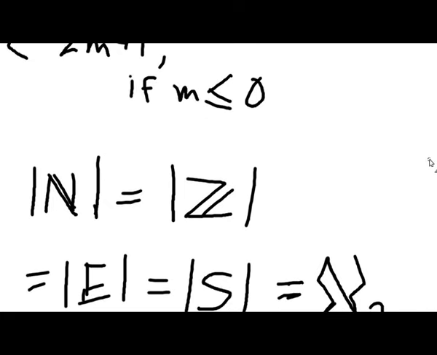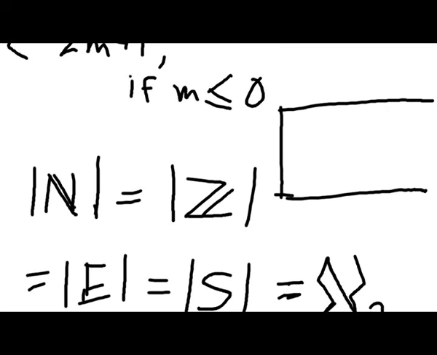So this way of thinking about infinities, by establishing one-to-one correspondence between elements, was first proposed by Georg Cantor. Georg Cantor was a German mathematician.